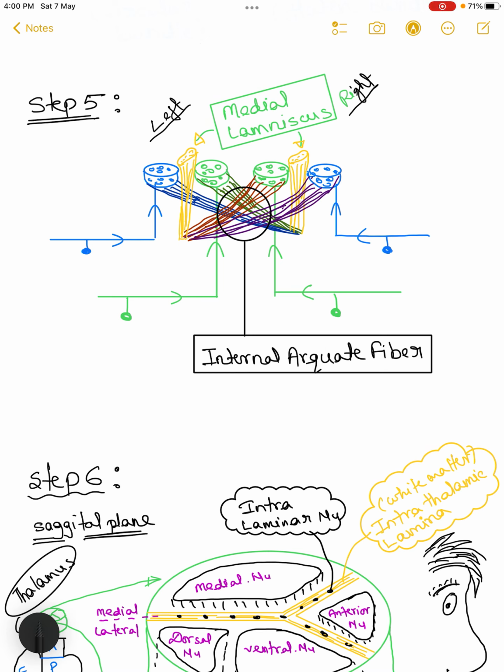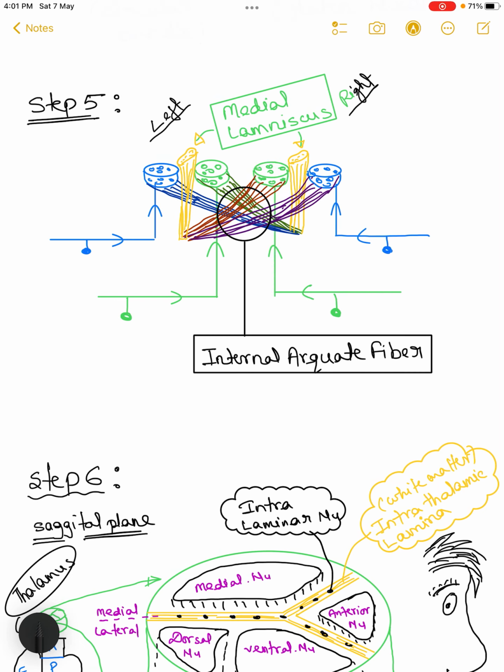So fibers from the upper part of the body will go to the fasciculus cuneatus nucleus, and from the lower part of the body through the dorsal column will end up at the fasciculus gracilis nucleus.